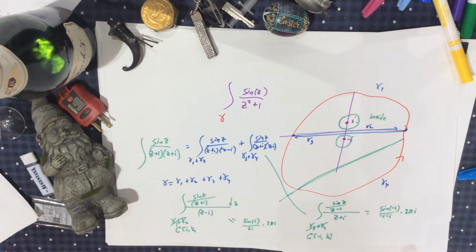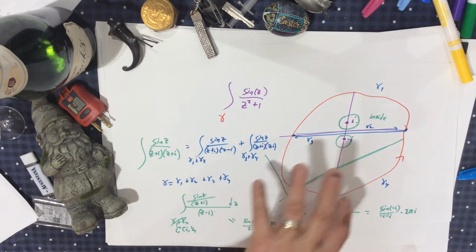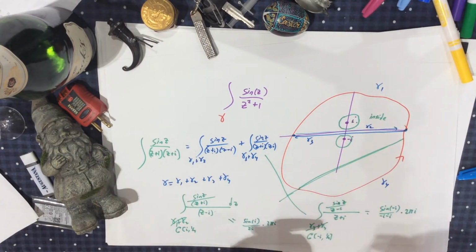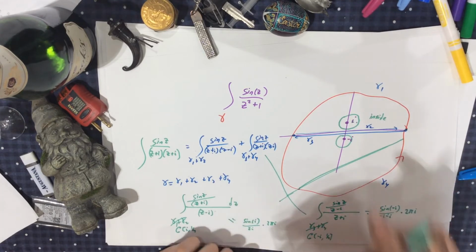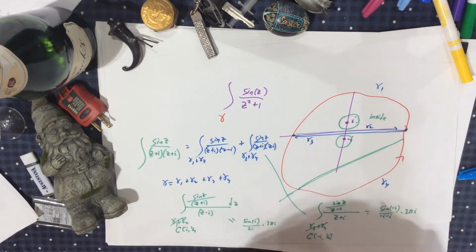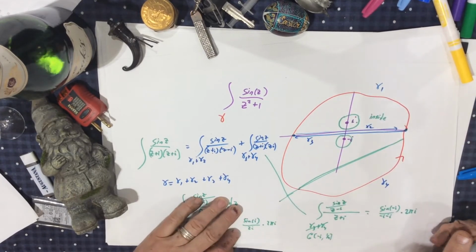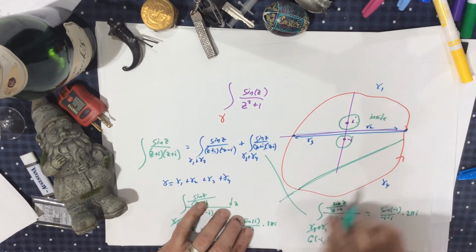So just like that, we were able to calculate this integral by just doing some little trickery and this cool part of breaking paths that don't go around just one trouble spot, but more than one, into paths that just go around it once or twice if we had to. This is a very, very powerful idea.